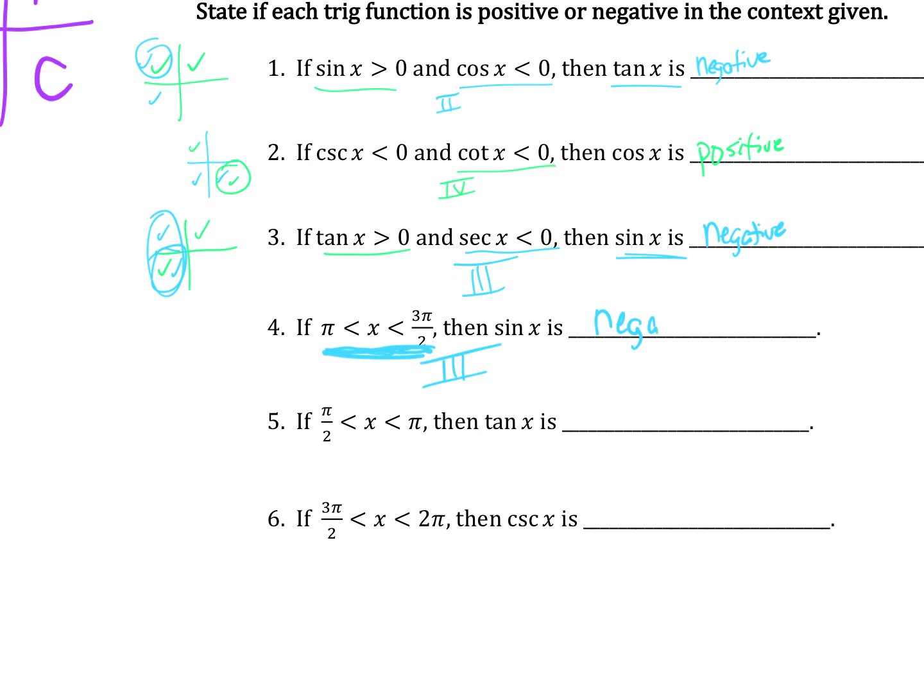Negative. Okay, pi over 2 to pi. What quadrant is that? 2, yes. And the tangent value in quadrant 2 is negative. And then last one, 3 pi over 2 to 2 pi. Yep, good. That's quadrant 4.